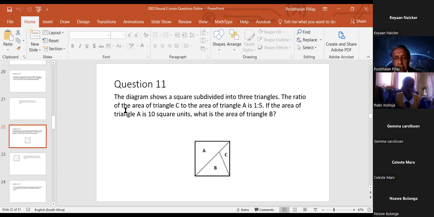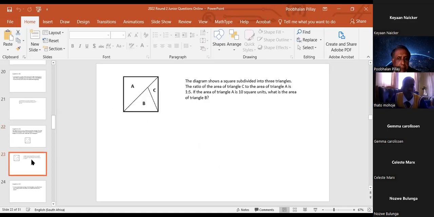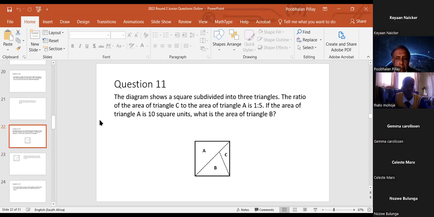The ratio of the area of triangle C to triangle A is 1:5. So what does it mean? It means that this area to A, the full area, the ratio is 1:5.